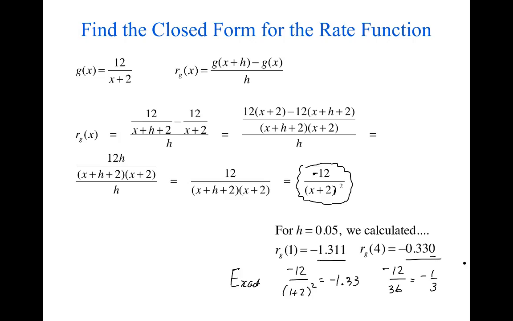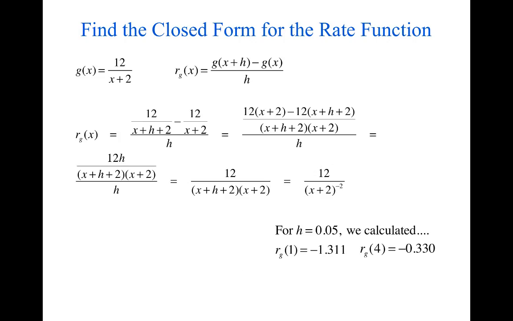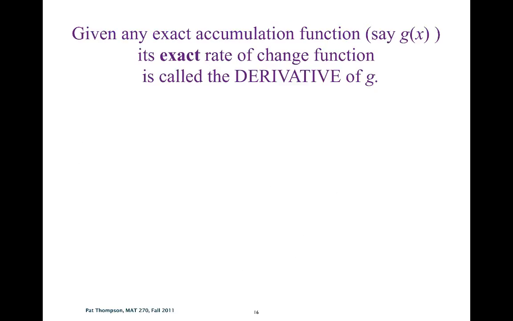So let's summarize here. If the exact accumulation function is g of x, then its exact rate of change function is called the derivative of g. And you've heard this before if you had calculus. So when we've been talking about these exact rate of change functions, the term for that is the derivative of g.